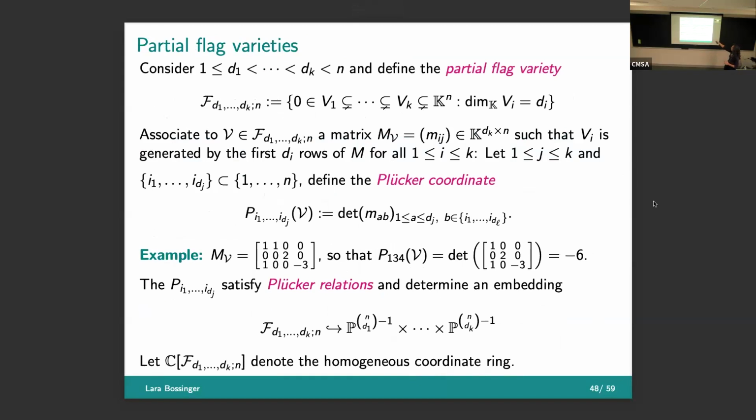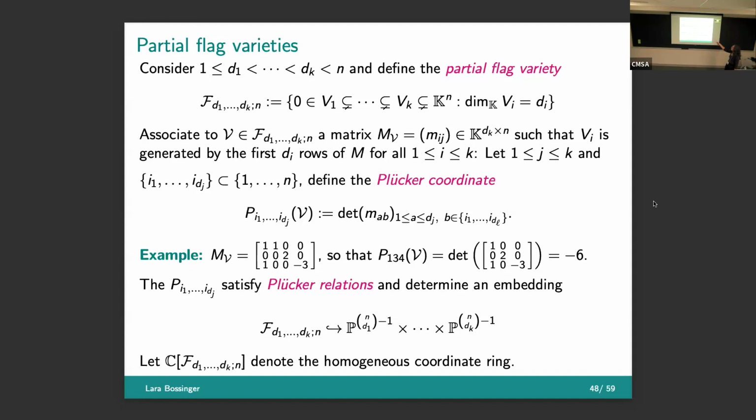You can also take this matrix and just extend it to an n times n matrix by adding standard basis rows, corresponding to standard basis vectors, thinking about k to the n as being part of your flag. If I extend the basis I chose until vk to k to the n, then I get an n times n matrix.